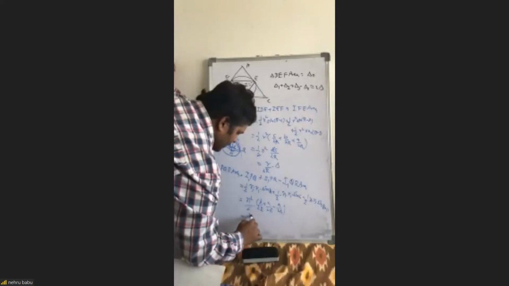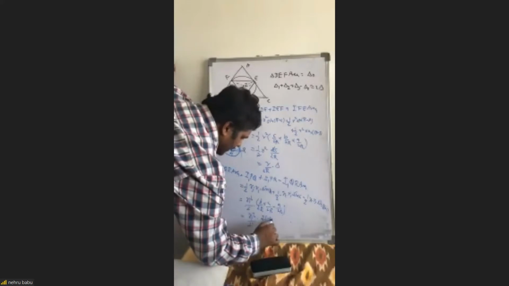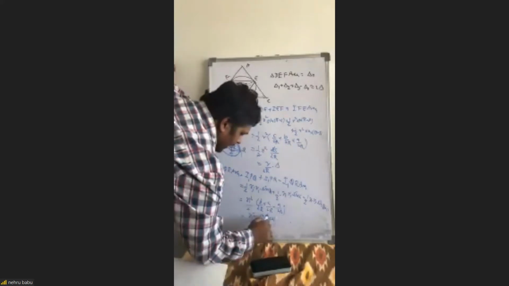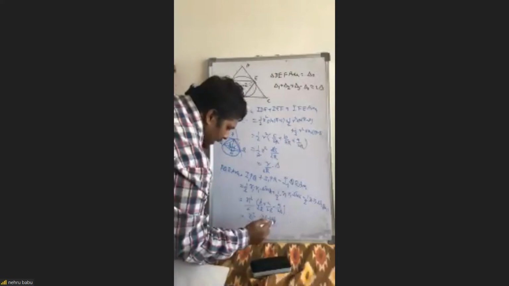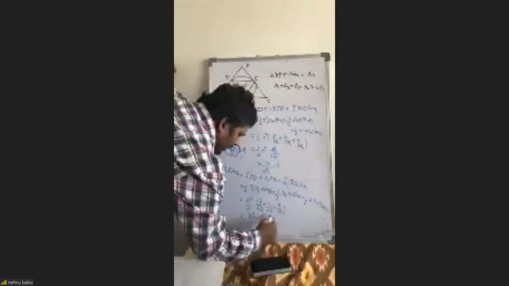So this is the same as R1 square by 2 into B plus C minus A, which is 2S minus 2A, by 2R. So R1 into S minus A, because the 2 cancels here. R1 into S minus A is delta into R1 by 2R. So like this you are getting the result.